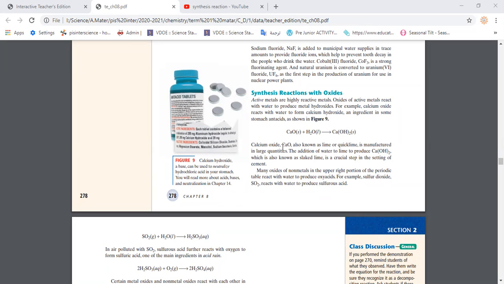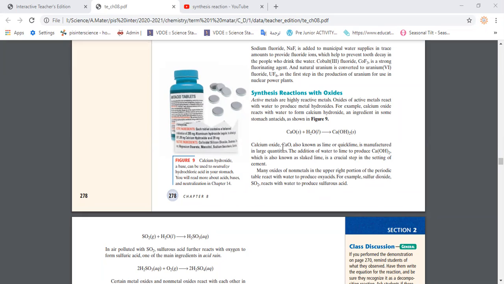But here we move to another case: oxides of some metals or oxides of some non-metals, like calcium oxide, sulfur oxide, whatever. These oxides could react with water, or with oxygen, and so on, and produce a larger molecule or a larger compound, as we can see here.